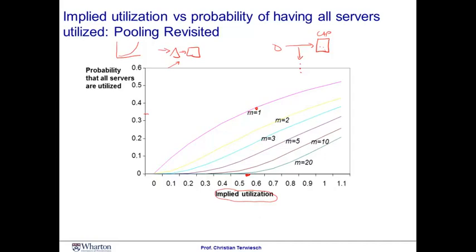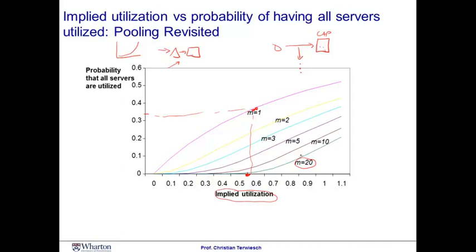At M equals 1, one individual fire truck, at a 50% utilization, my service is going to be a disaster. If, however, I'm able to pool demand and I'm moving up from M equals 1 to M equals, say, 20, I can afford to run a much higher level of utilization and provide still decent responsiveness. This is very similar to the example that we had in the case of pooling in the TQ formula.